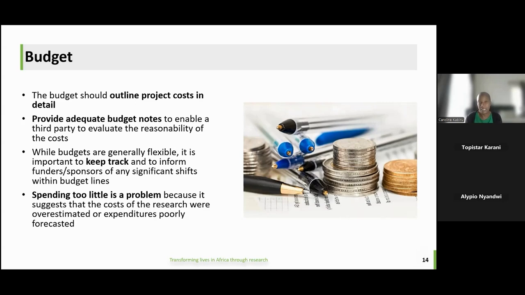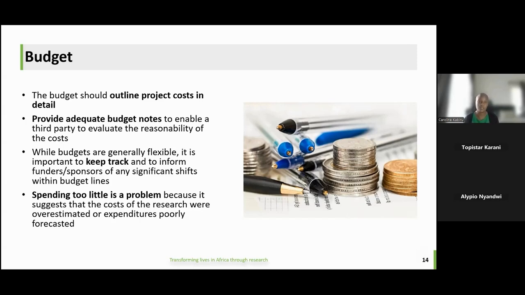But spending too little is also a problem because it can suggest that you either overestimated the costs of your research or that you're poorly forecasting your expenditures, and some funders actually look down on or have issues with that. And so even for us at the APHRC, we'll often have this conversation about burn rates and being told you really need to keep your burn rate high.